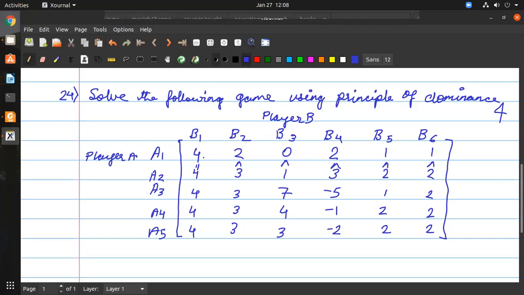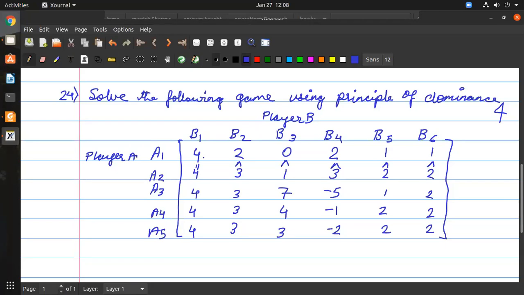What it actually means: if you assume yourself to be player A, will you ever use strategy 1? No. Why? Because there are fewer chances of gaining in strategy 1 as compared to strategy 2.